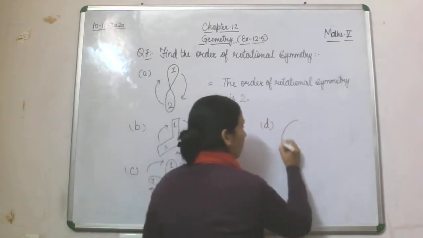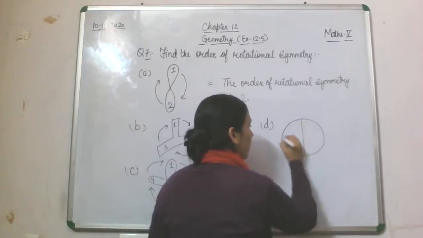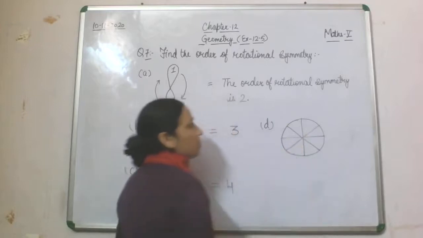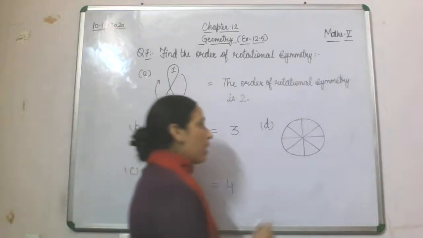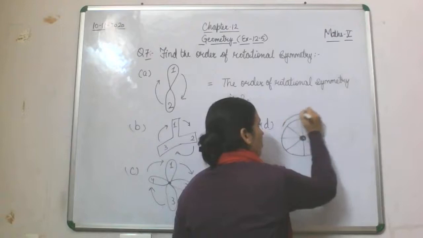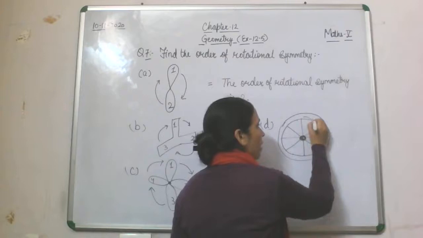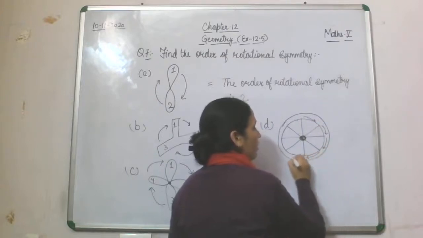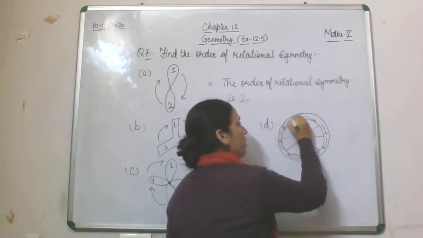In D part you have been given a wheel, and in that wheel you will have these 8 parts. Now what will be the rotational symmetry here? When you have these 8 parts, whenever we have 8 parts, means 1, 2, 3, 4, 5, 6, 7, 8.